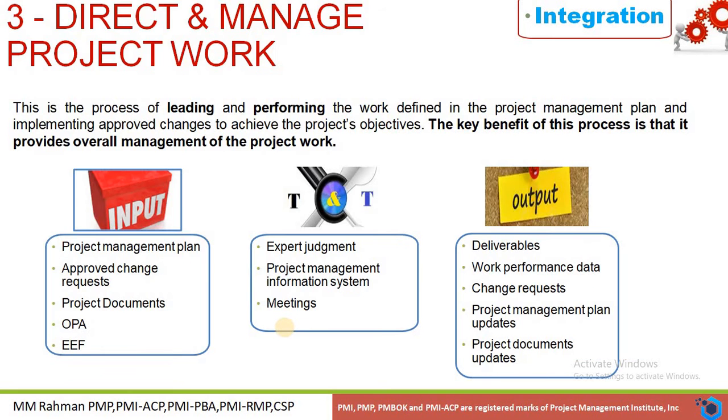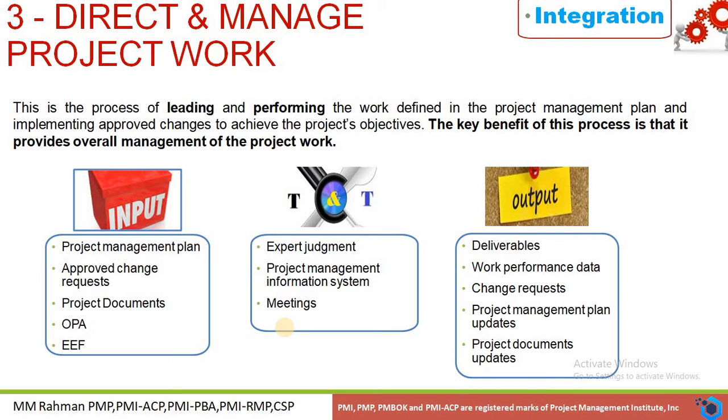The process name is direct and manage project work. This process is used for leading and performing the project work that is defined in the project management plan and implementing the approved changes to achieve the project objectives. The key benefit of this process is that it provides overall management of the project work.